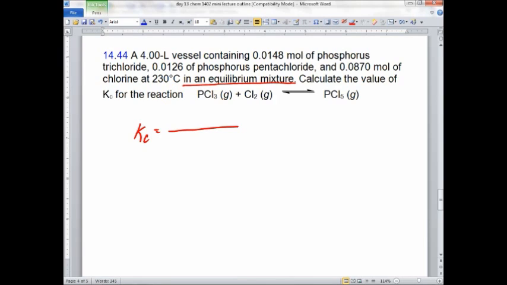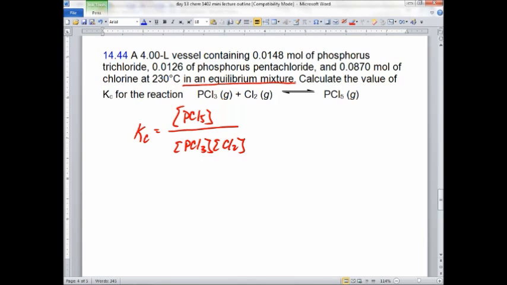The PCl5, the product, in brackets divided by the reactant in brackets. And notice all the stoichiometric coefficients are 1, so you don't have to worry about any of that. And there's no solids or liquids, so you don't have to worry about that either. Just copy them all down.